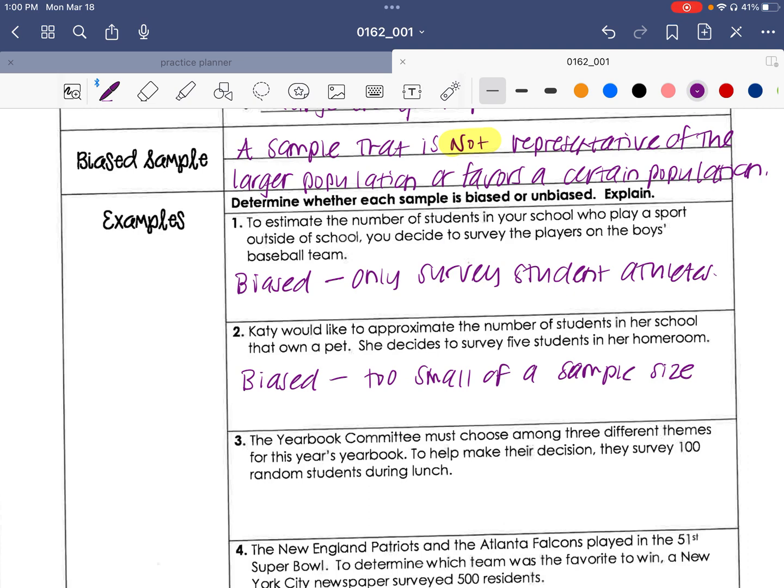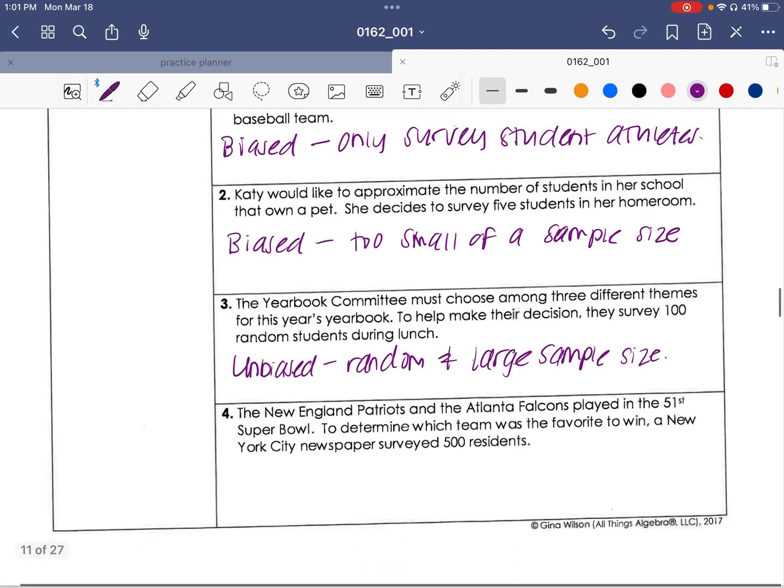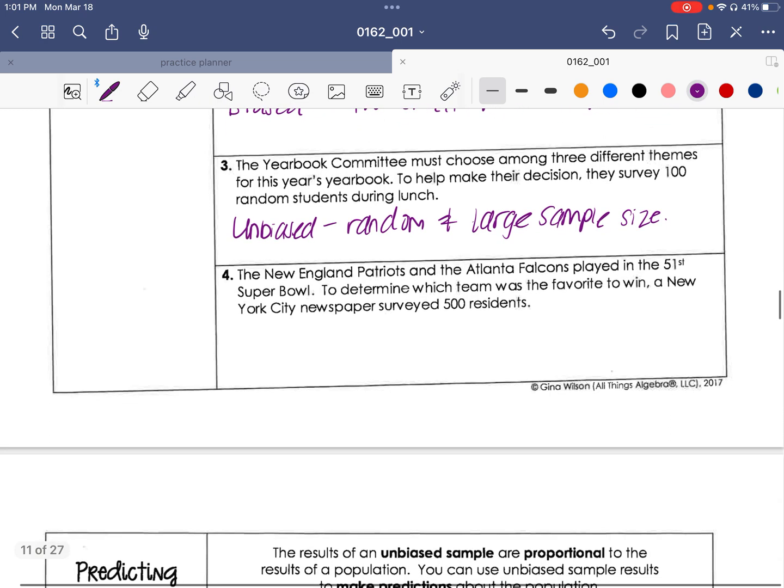Okay, now we're going to talk about the yearbook committee must choose among 3 different themes for the yearbook. To help make the decision, they survey 100 random students during lunch. And this would be unbiased. It's random and a large sample size. New England Patriots and the Atlanta Falcons played in the 51st Super Bowl. To determine which team was the favorite to win, a New York City news reporter surveyed 500 residents.